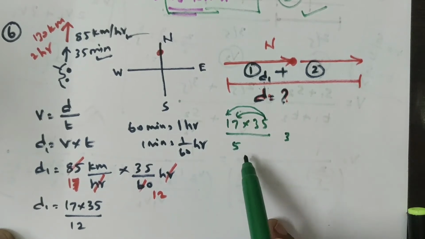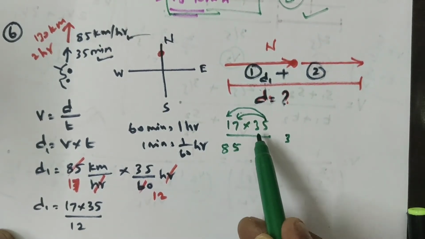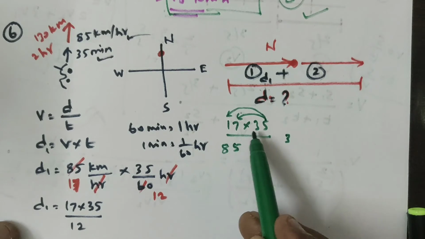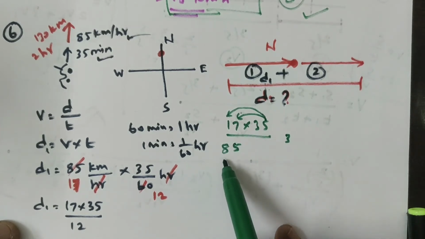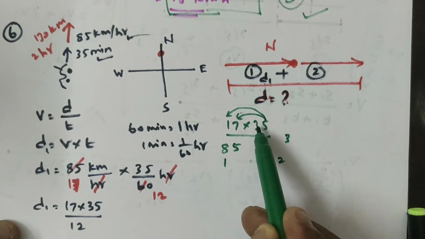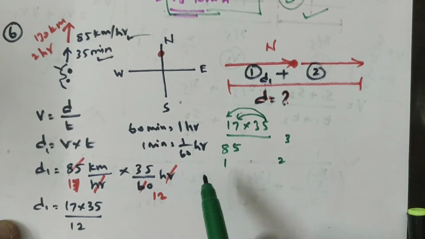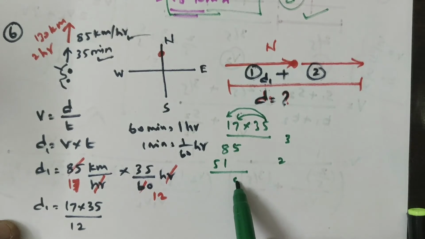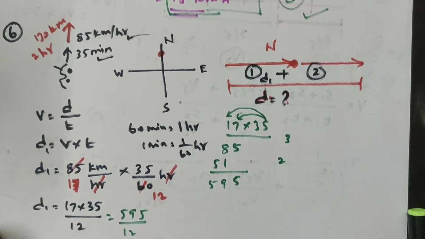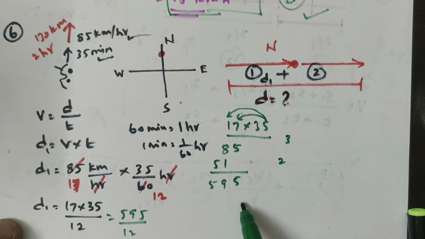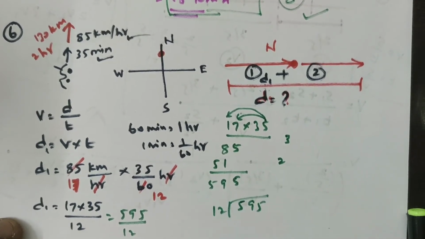Then 5 into 1 is 5, plus 3 is 8, 85. Then 3 into 7, 21, remaining 2. 3 plus 2, 5, 51. So 595. 595 divided by 12.